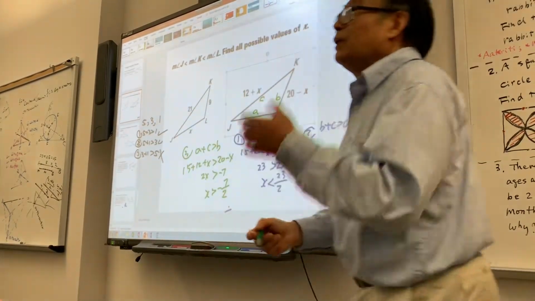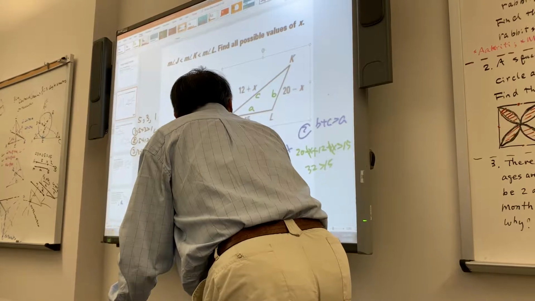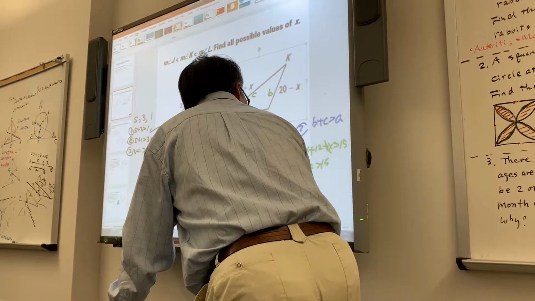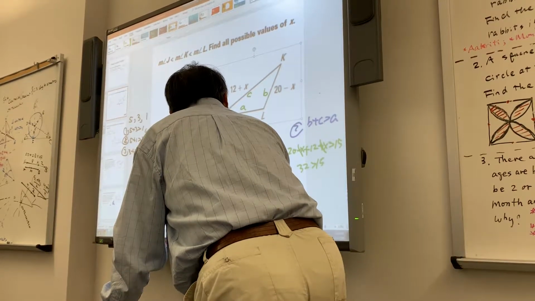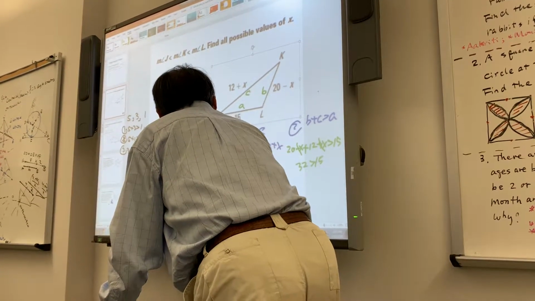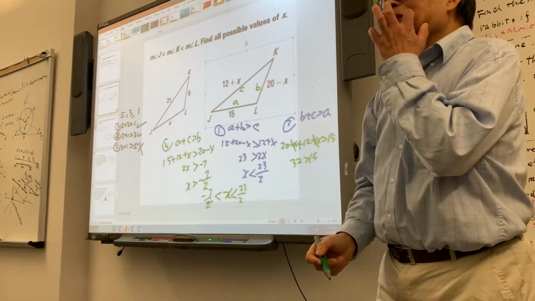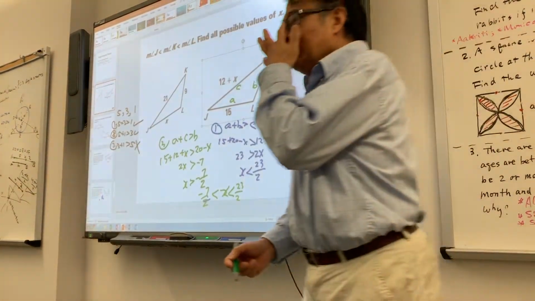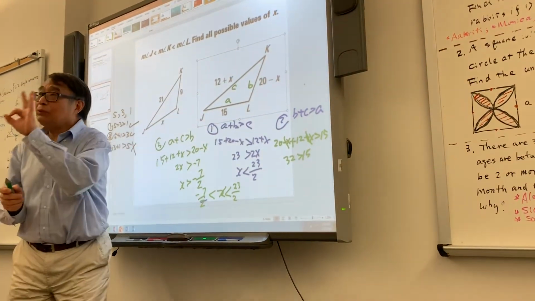Now you solved. X is less than 23 over 2 and greater than negative 7 over 2. Do you understand me, please? Yes or no? So this question told us you have to check 3 times.